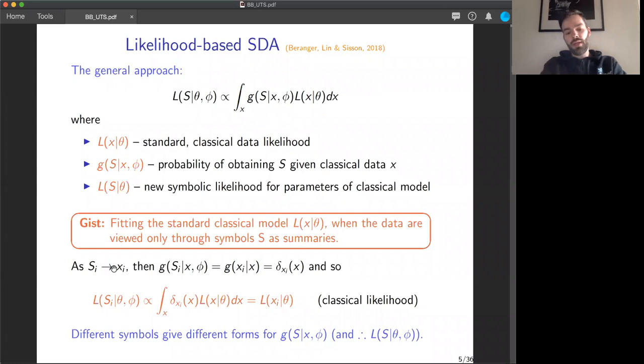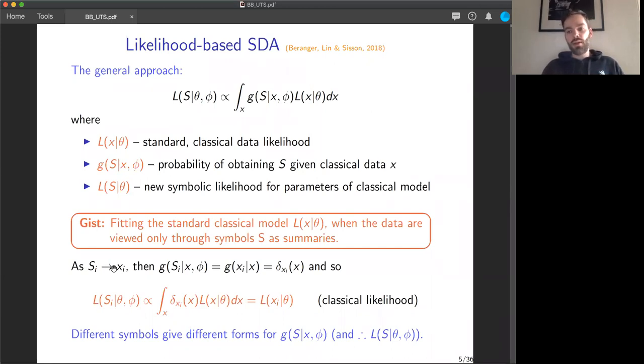There are some sanity checks that we can do. If I take one of my symbols, S_i, and make it collapse, reducing the internal structure into being the single point itself, then my function G of S_i given X is simply a Dirac function, making sure that X is at x_i.